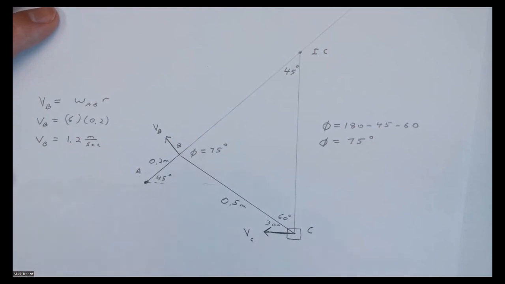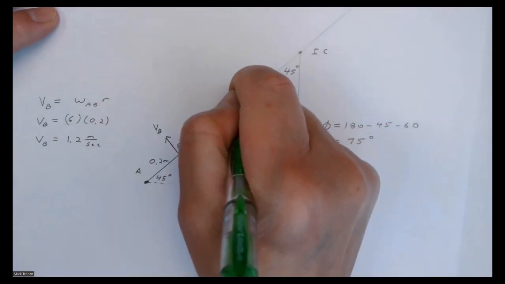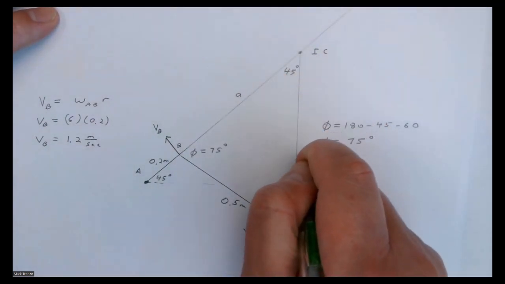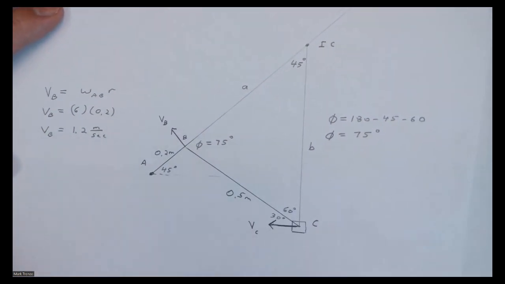And we have most everything. We're now going to have to find these lengths. We're going to need to find length A and length B, and we're probably going to have to use the law of sines.